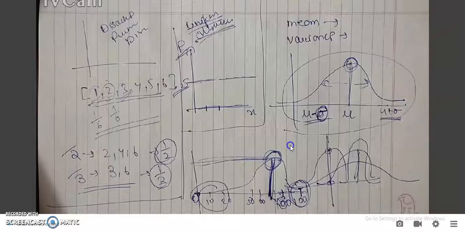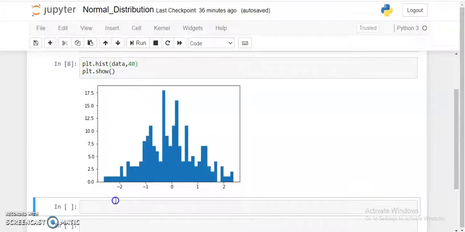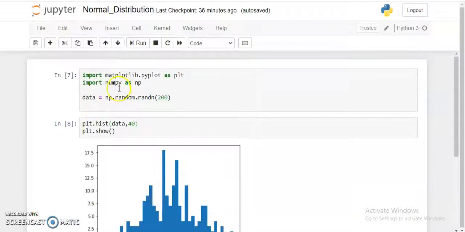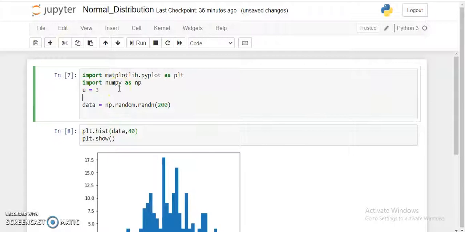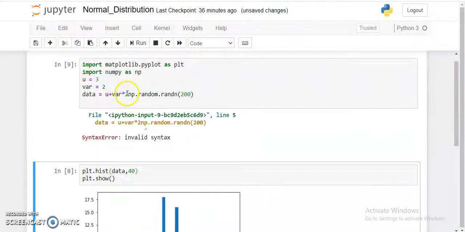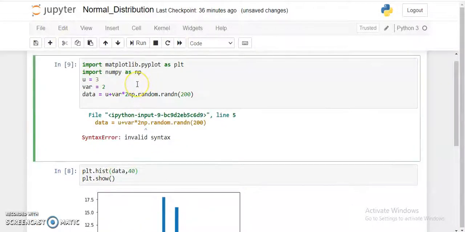So let's see. If I say mu equals 3, that is the mean, and variance equals 2. To get the data with mean equal to 3 and variance equal to 2, I need to apply some mathematical function. Okay, variance equals 2, right?